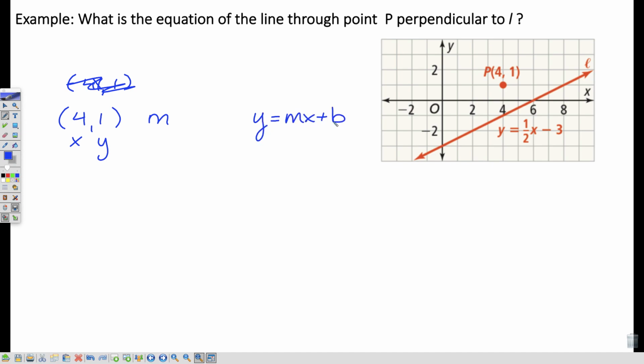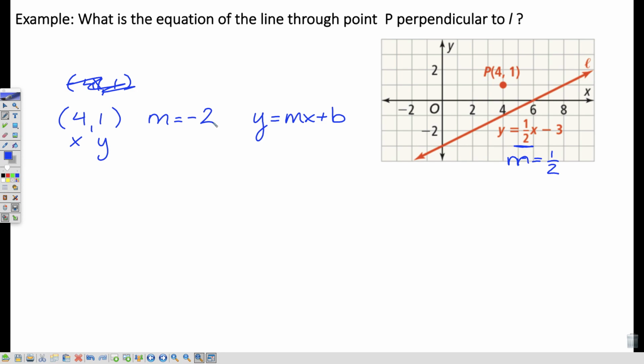Now, the slope right now of this line is what? A half. So I need a negative reciprocal of 1/2. So that's positive, so this one's going to be negative. And the reciprocal of a half is 2, yes? 2 over 1?